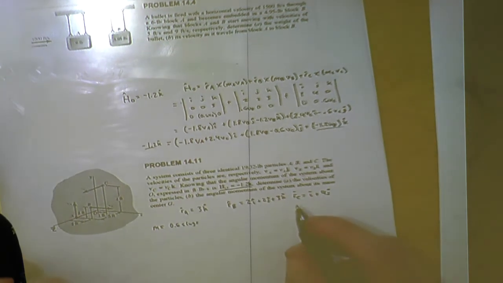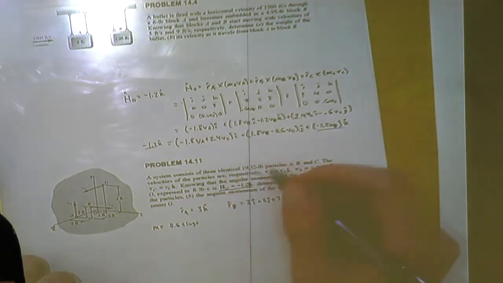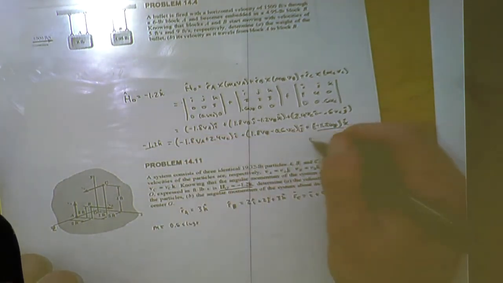So we have these two as being equal. So we know that VB is going to be equal to 1 feet per second.